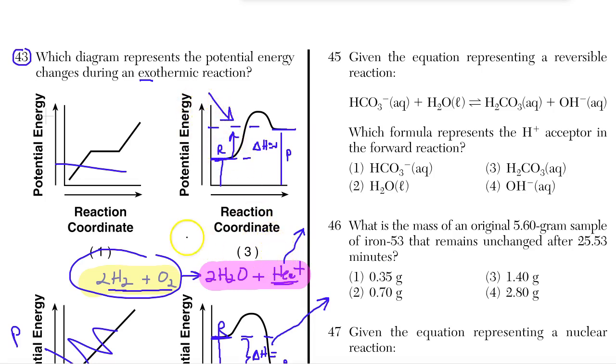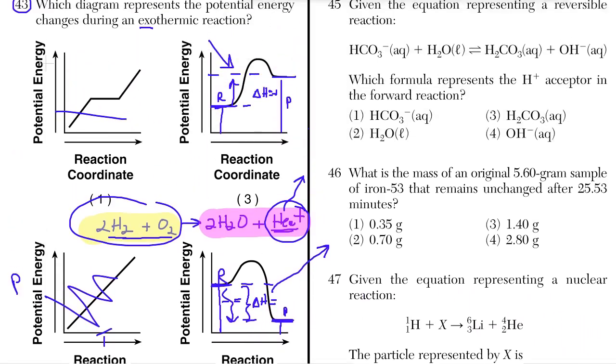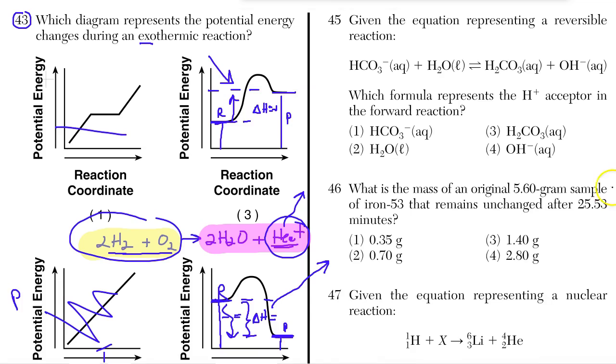That's if the heat was on the reactant side. So this delta H would actually be negative because it's going down. It's starting high and going down, and it goes down because the energy was released. Exiting, exothermic, choice 4 is the correct potential energy curve for an exothermic reaction.